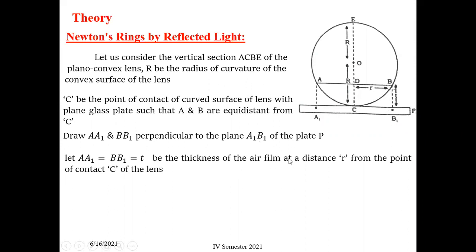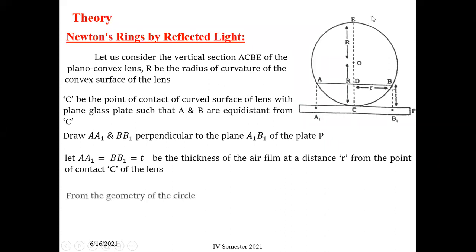That is the thickness of the air film at a distance r from the point of contact. C is the point of contact, and that is the thickness of the air film at a distance r from the point C.